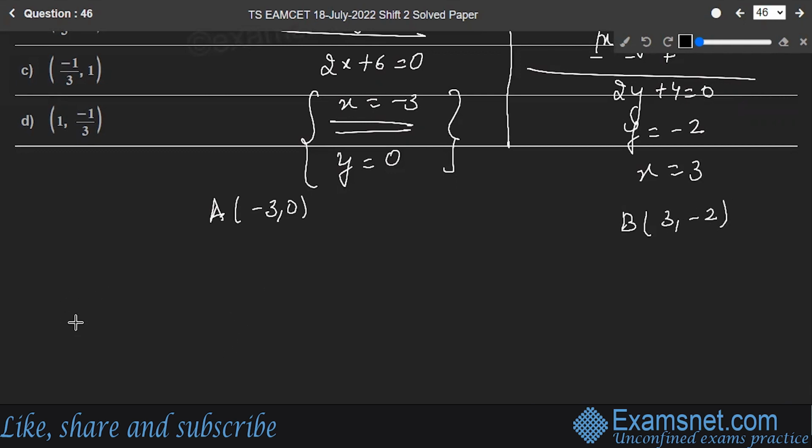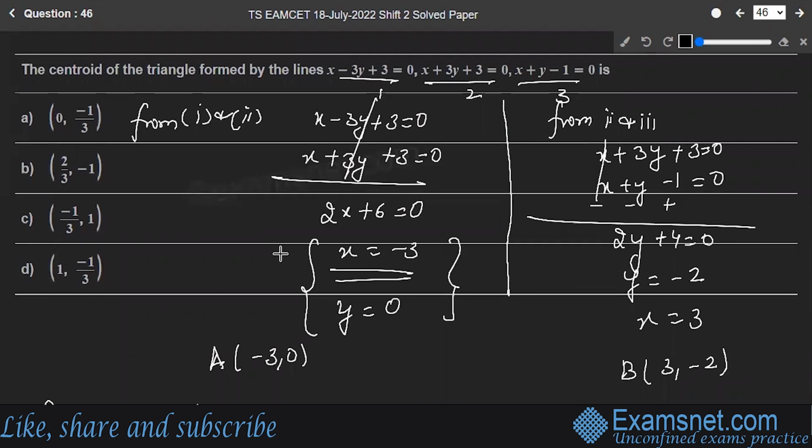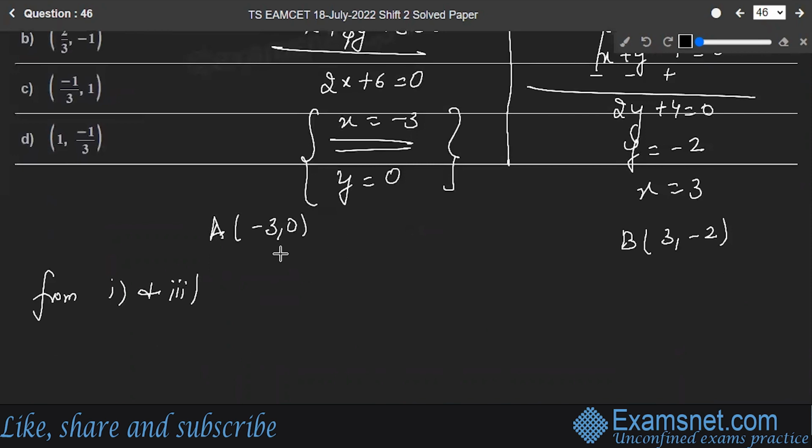Now let's go to find out the third from 1 and 3. The line equations were 1 and 3. Okay. x minus 3y plus 3 is equal to 0, x plus y minus 1 is equal to 0. Minus plus. Sorry, this is minus only. Minus minus plus.